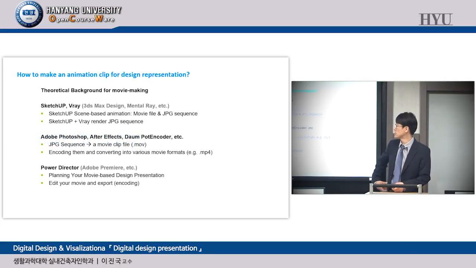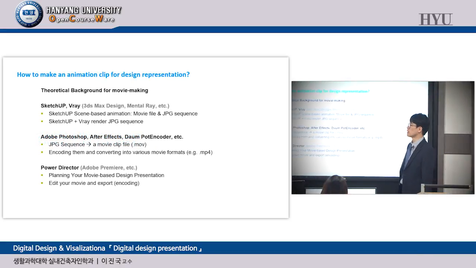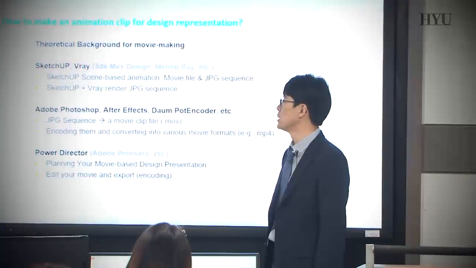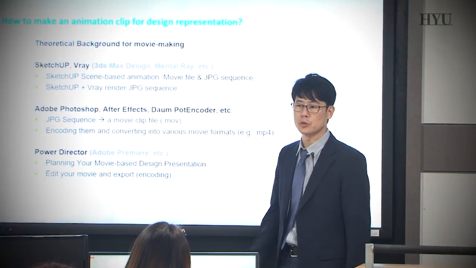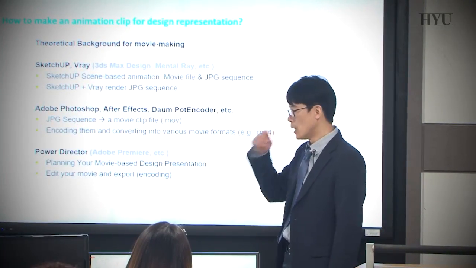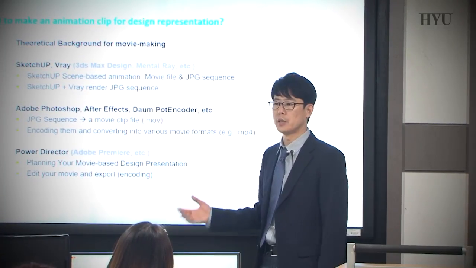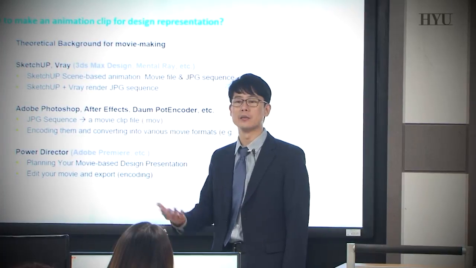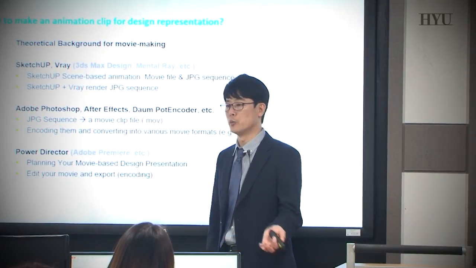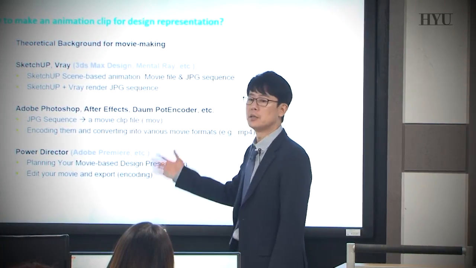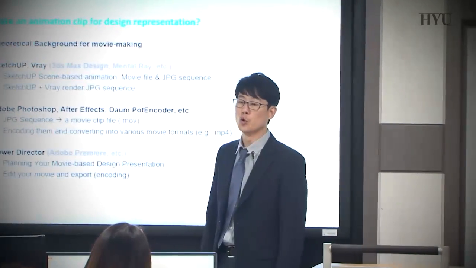Before video file formats, let's quickly look at the very fundamental applications or mechanisms to create a video presentation. Actually, next semester, we are dealing with real video presentation software, and your submission is going to be a video presentation. But anyway, this time, I'm going to give an overview.